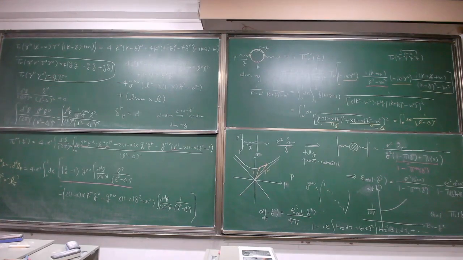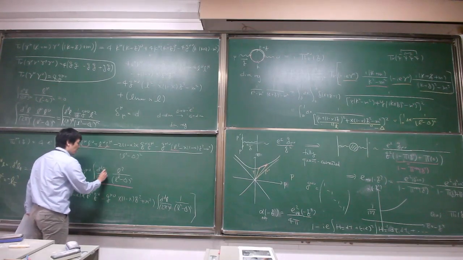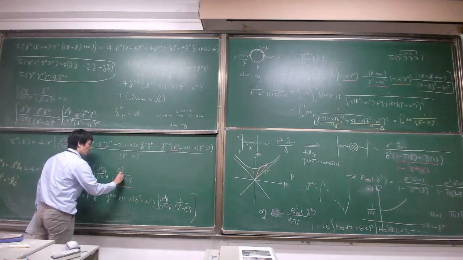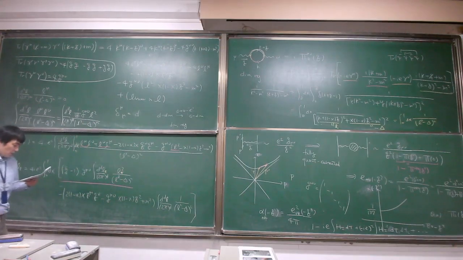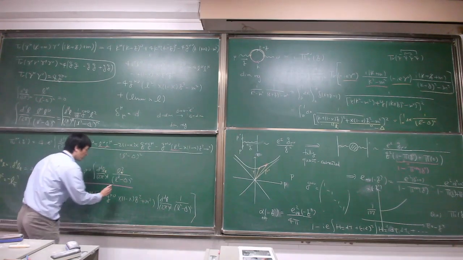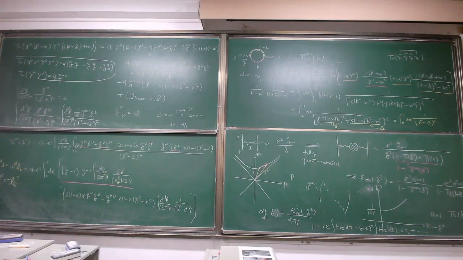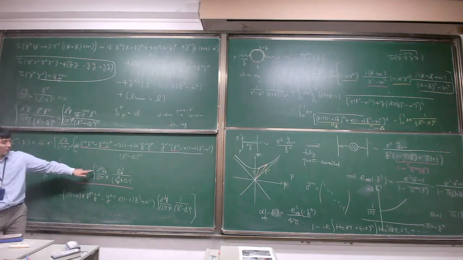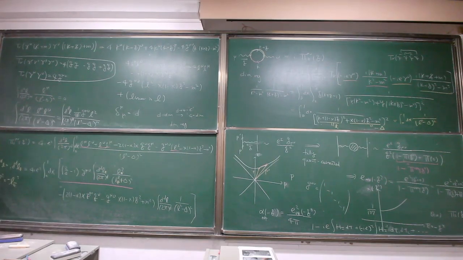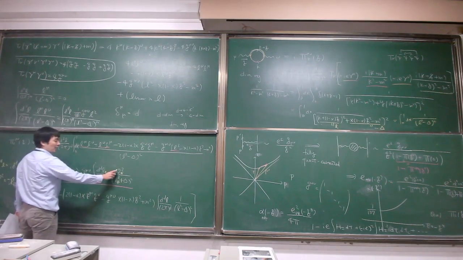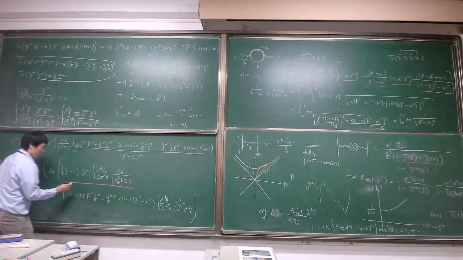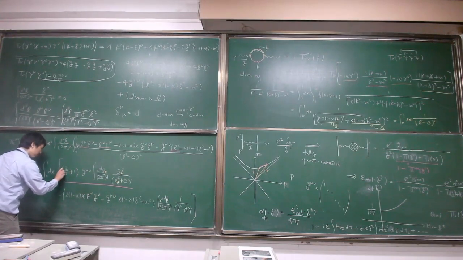So then I'm going to replace it as follows. You just replace E here and E here and E here and a plus sign here. So the minus sign cancels with the minus sign here. You have a minus sign here, but here is a square, so overall a minus sign here.